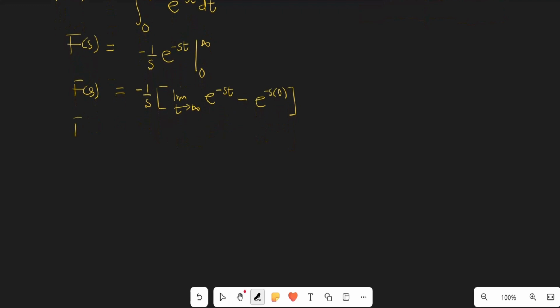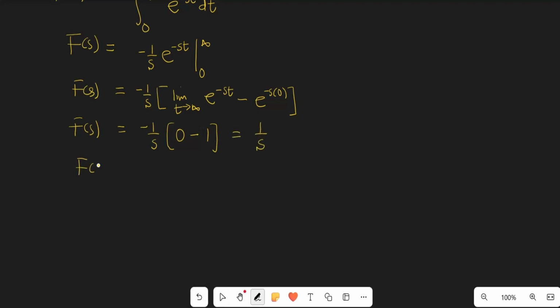Alright, cool. So F of s is equal to negative 1 over s, and now as t is approaching infinity, because this one has a negative exponent, the whole of this is going to be approaching 0. So that is going to be 0 minus, and the exponent here is now 0, and e raised to the power 0 is 1, and that simplifies to positive 1 over s.